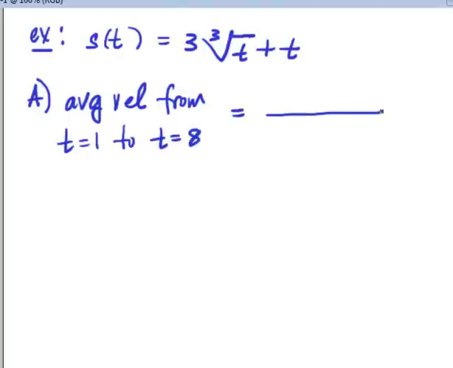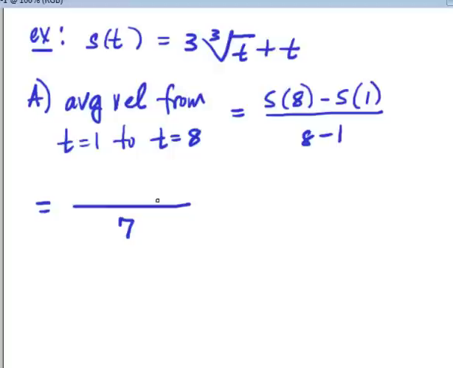So that's S of 8 minus S of 1 over 8 minus 1. All right, so that's equal to 8 minus 1, that's 7. S of 8, substitute in 8 over here, and we have 3 times the cube root of 8, that's 3 times 2, plus 8, that's S of 8, minus S of 1, that's 3 times 1 plus 1, that's just 3 plus 1, which is 4.